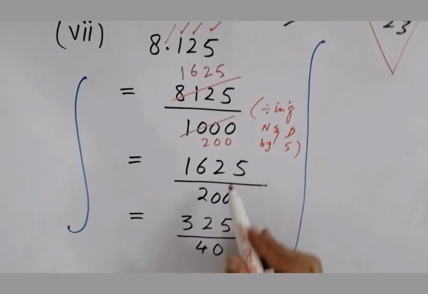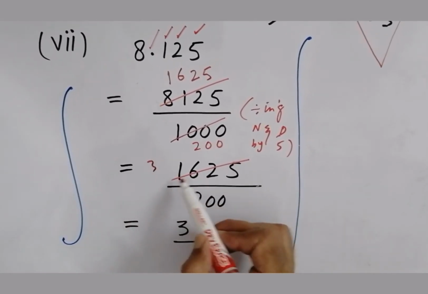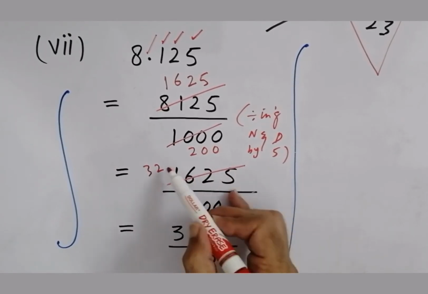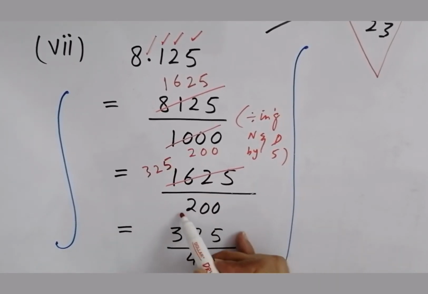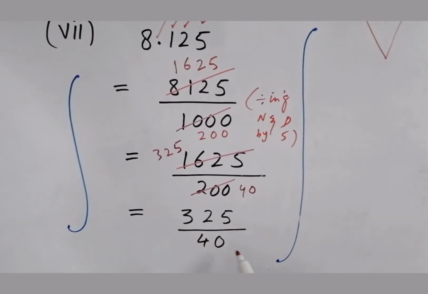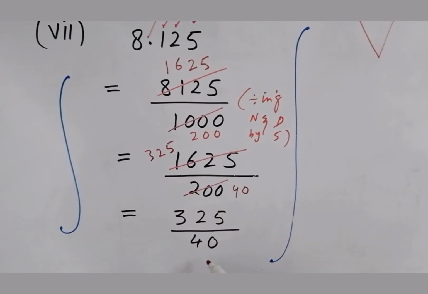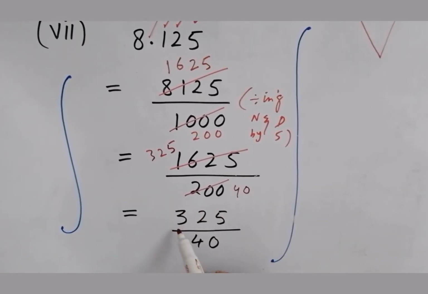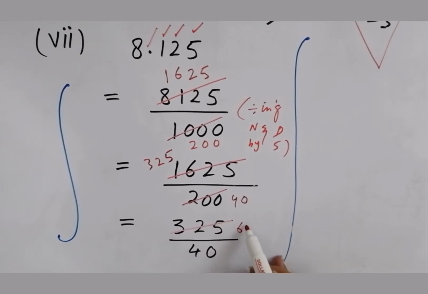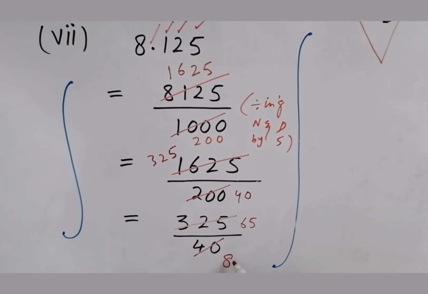Again dividing this by 5, so 5 3s are 15, 5 2s are 10, 2 is left, so 25, 5 5s are 25, and 5 4s are 20, and then 0. So we are having now 325 divided by 40. Again dividing by 5, 5 6s are 30, and 5 5s are 25, 5 8s are 40.